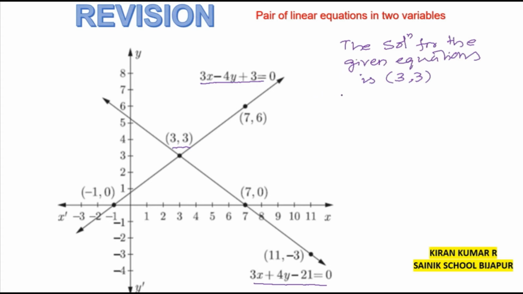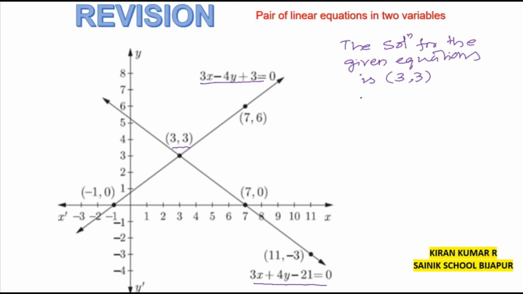Now observe this. The lines intersect the x-axis at minus 1 comma 0 and 7 comma 0.